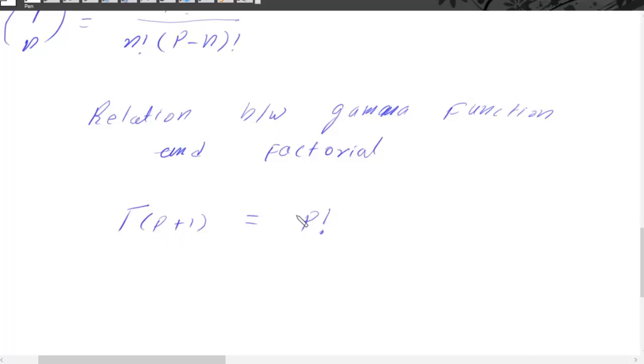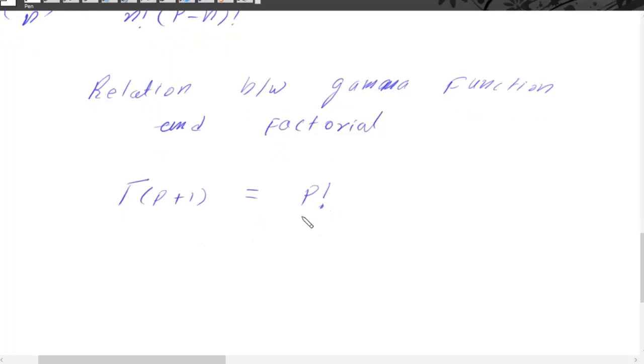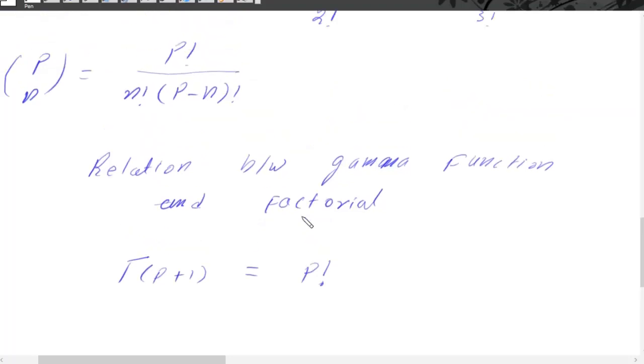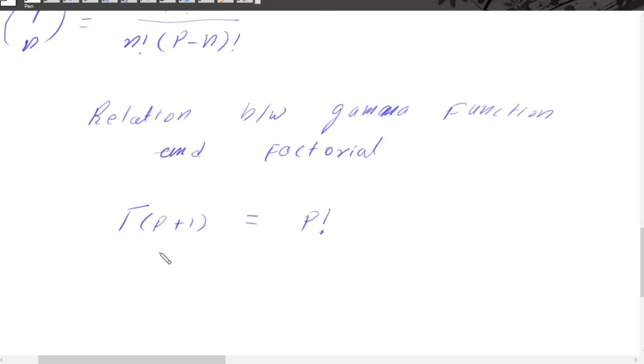Then we will put the value of p factorial here. Okay, then we can write these equations in terms of gamma. Let us look here. This is the combination of p and n, and then this is gamma of p plus 1.